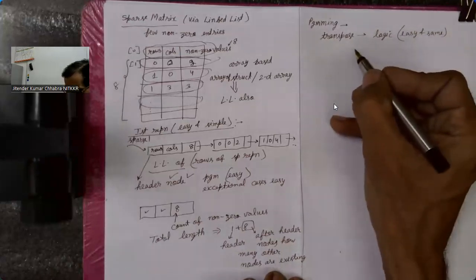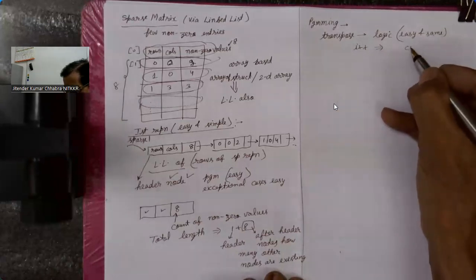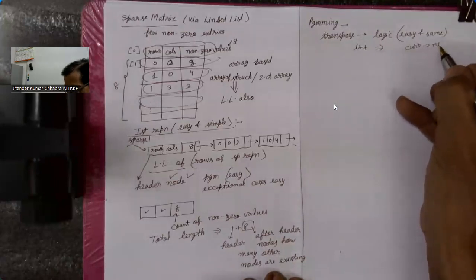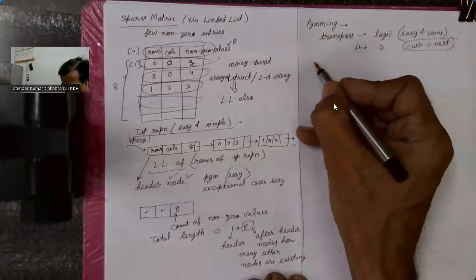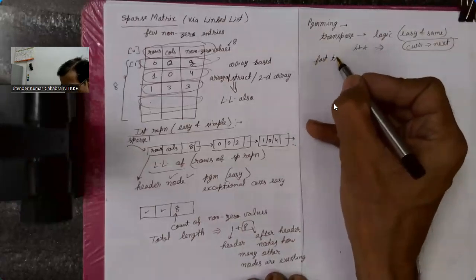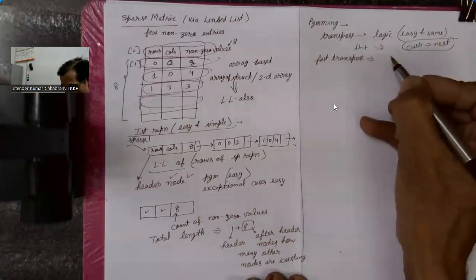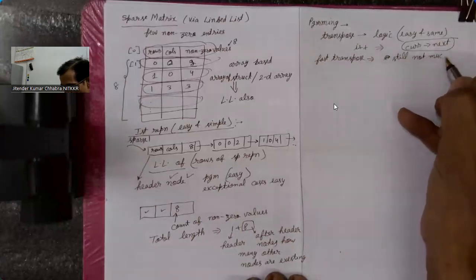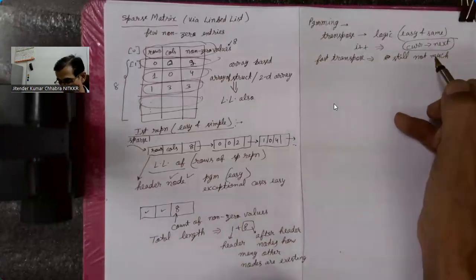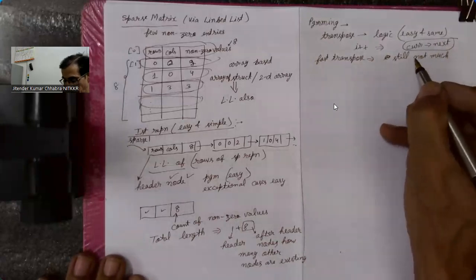The only thing is, instead of i++, we have to follow current arrow next. Whenever I want to go to the next record, I'll just use this. Similarly, whatever logic I implemented using fast transpose is almost the same and still easy, not much change, because all that logic is more or less the same. The only thing is that instead of i++, we have to go via next.